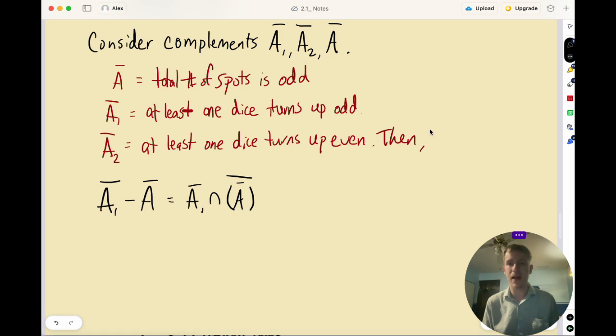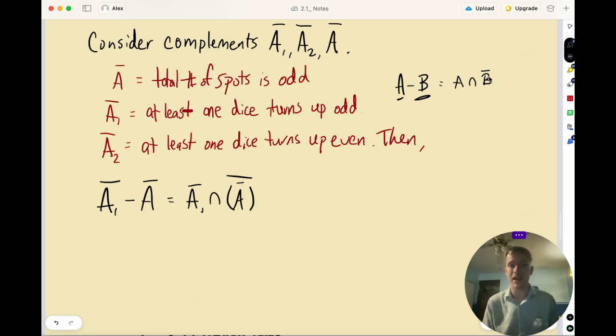Okay, this fact comes about because of the definition of the set difference, A minus B. I'm including A, but I'm excluding B. That is the same thing as A and not B, which is the complement of B. So that's an important fact.